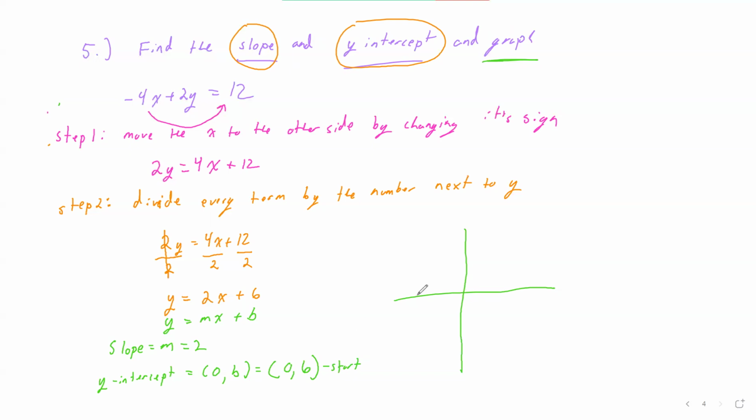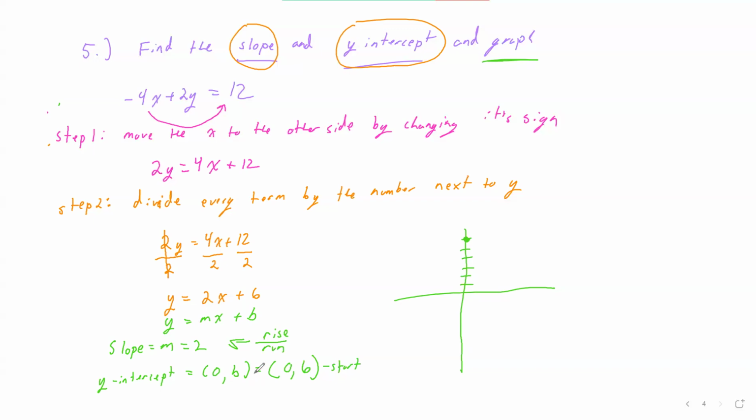So the first number, I will not go left and right. The second number, I go up and down. So I'll go up 1, 2, 3, 4, 5, 6. That's your first point. This guy, remember, is your rise over your run. It's like your GPS. It tells you where the next point is.